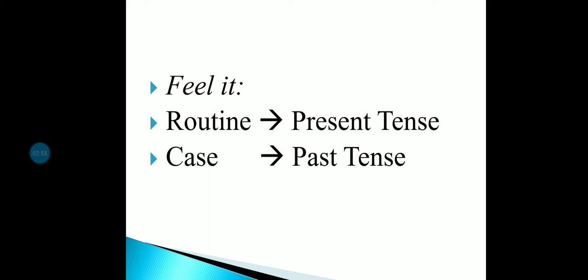Now, to make things clearer, let's just take a look at some examples of sentences or utterances I have provided here for you to see and to do too. All right, let's take a look at this first one: I wake up late. Pay attention to the verb in the bracket, which is wake, for you to change whenever necessary. So, how do you see this? How do you feel this?